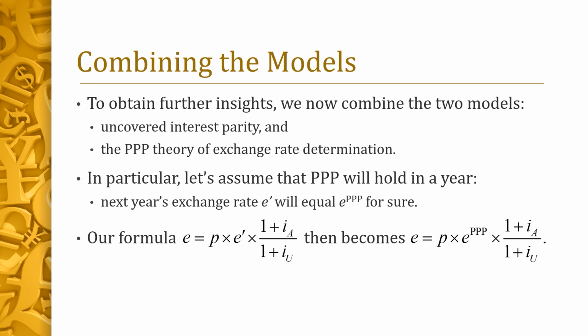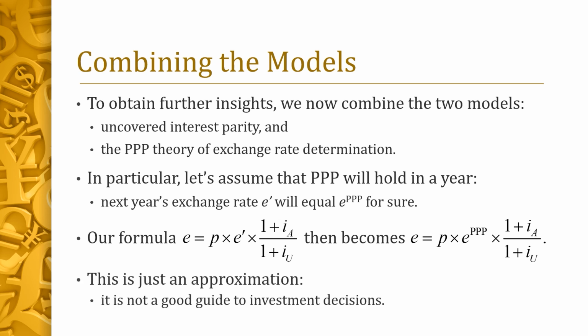Now, let's substitute EPPP for E prime in our formula. With this change, the current nominal exchange rate E equals the repayment probability P times EPPP multiplied by the ratio of the gross Argentine interest rate, 1 plus IA, to the gross U.S. interest rate, 1 plus IU.